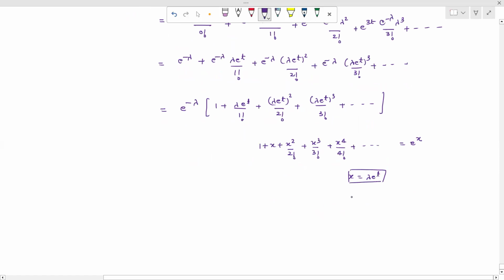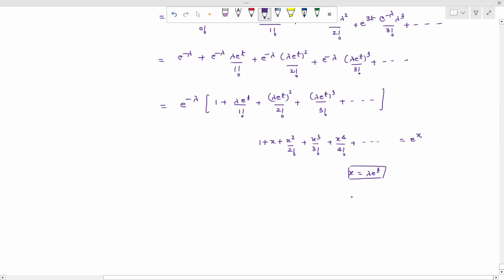So we write that this is the expansion of e raised to the power minus lambda into e raised to the power lambda e raised to the power t.